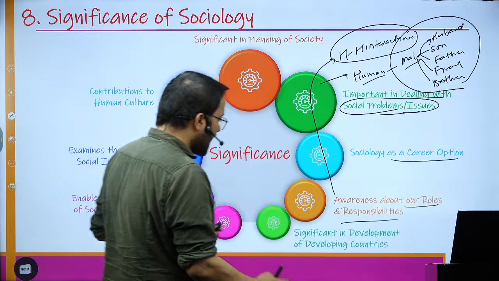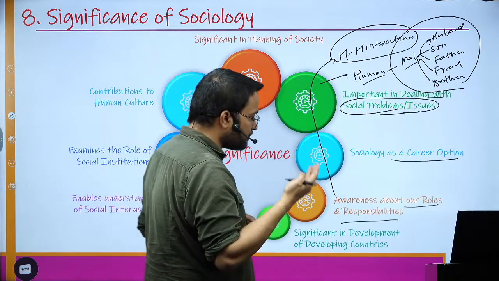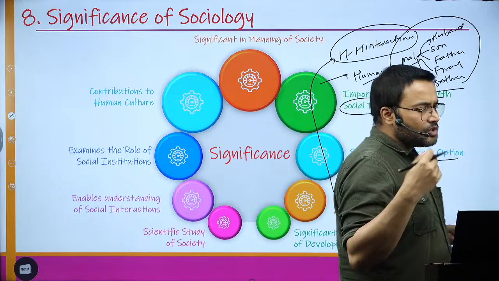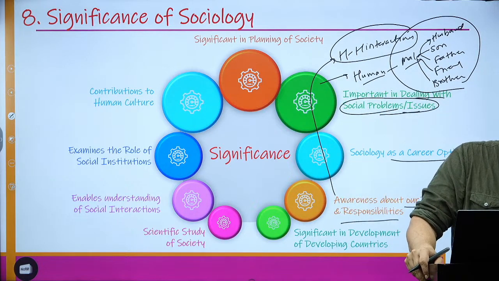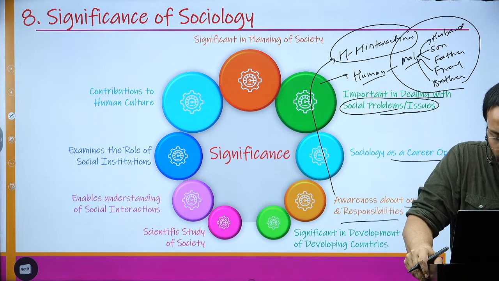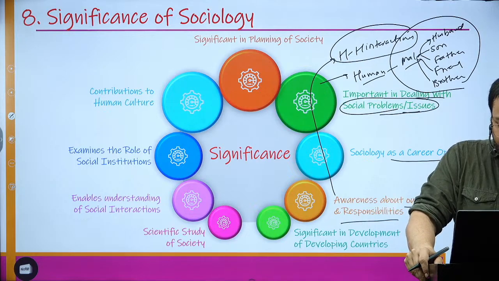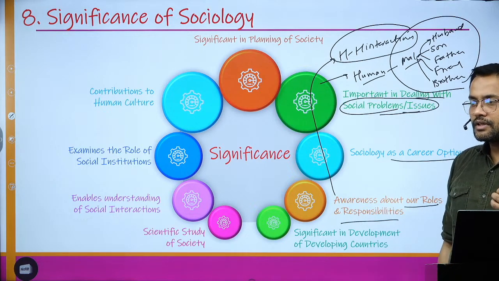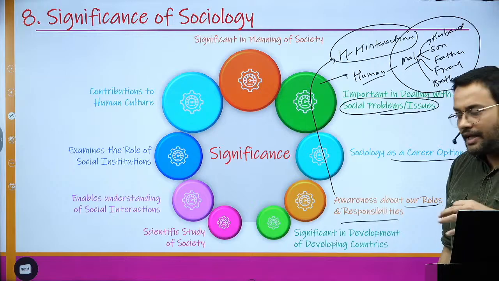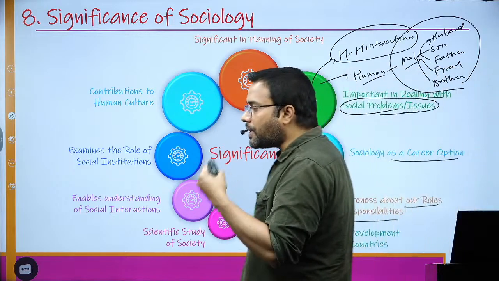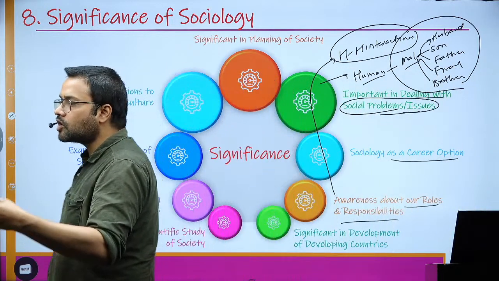And the last one is the significance for the development of developing countries. When you use sociology, you develop a holistic understanding of society. So it helps in gauging what kind of path the society should follow so that it becomes more and more developed.